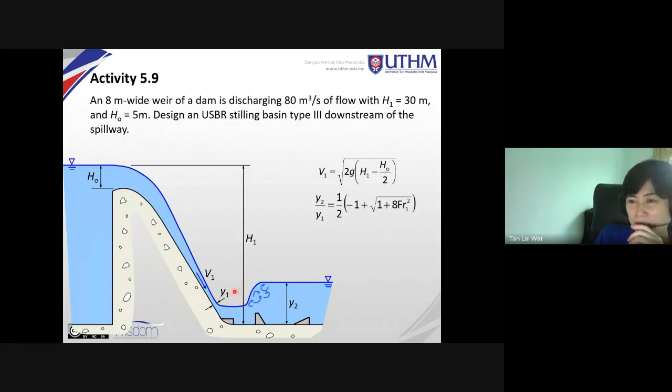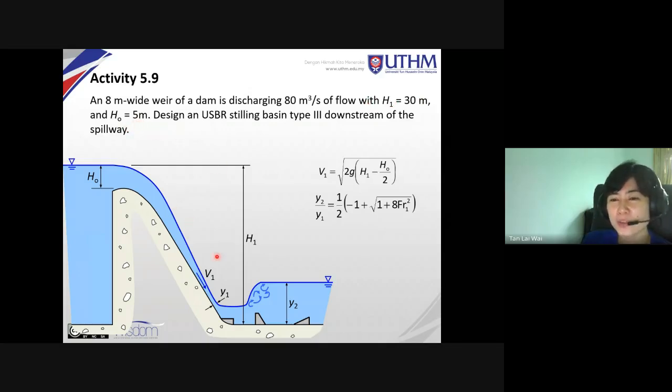So B is 8 meter. Discharging 80 meter cube over second. This is the uppercase Q, the rate of flow. It's not the discharge over unit width. You have to be careful with the unit as well. So you have Qmax. H1 is 30, H0 is 5.